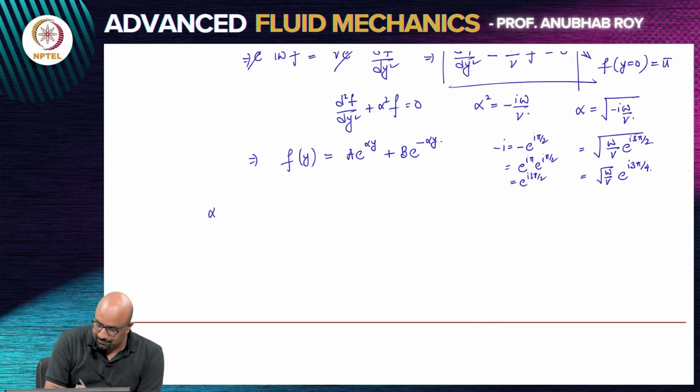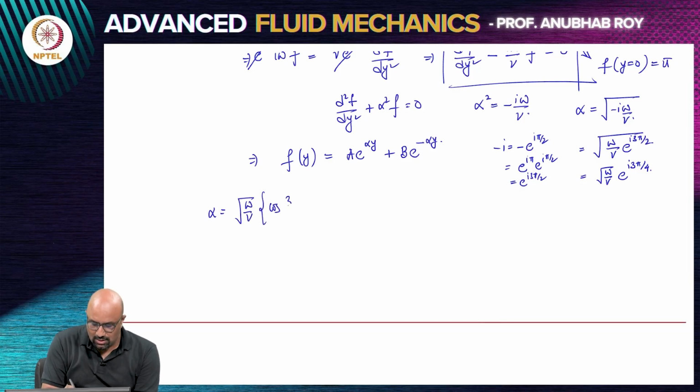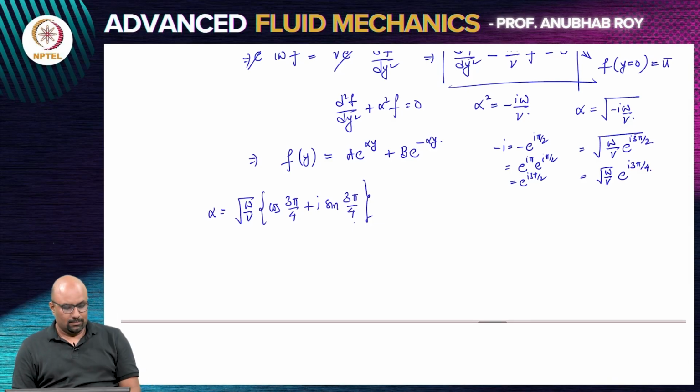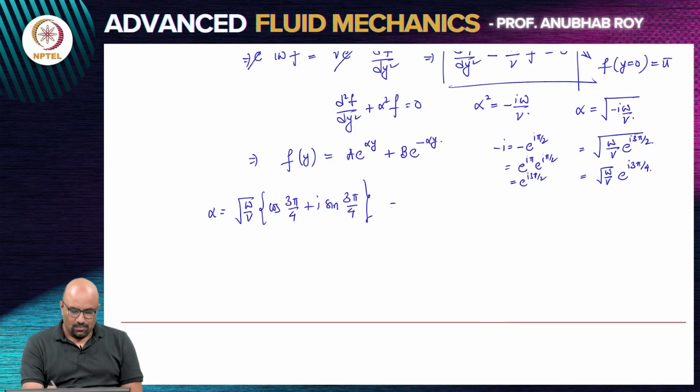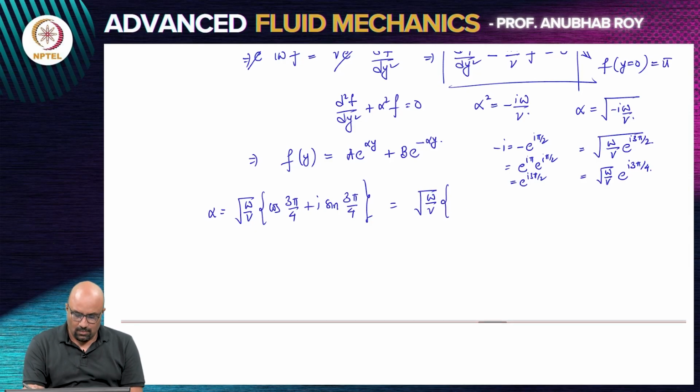So alpha is square root omega by nu cos 3 pi by 4 plus i sin 3 pi by 4. Now, what is cos 3 pi by 4? So, this should be minus 1 by root 2, plus i by root 2.